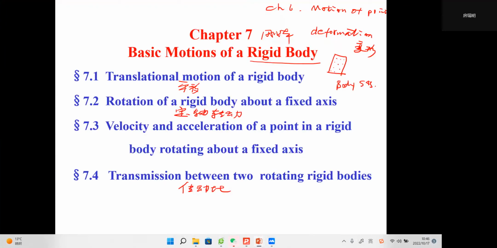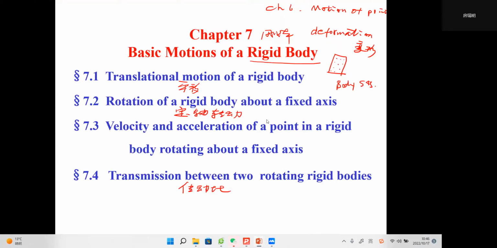So I think maybe we should do some review of chapter 7. I hope you can grasp these knowledge points thoroughly, then when we move to chapter 8, maybe you can understand more, right?